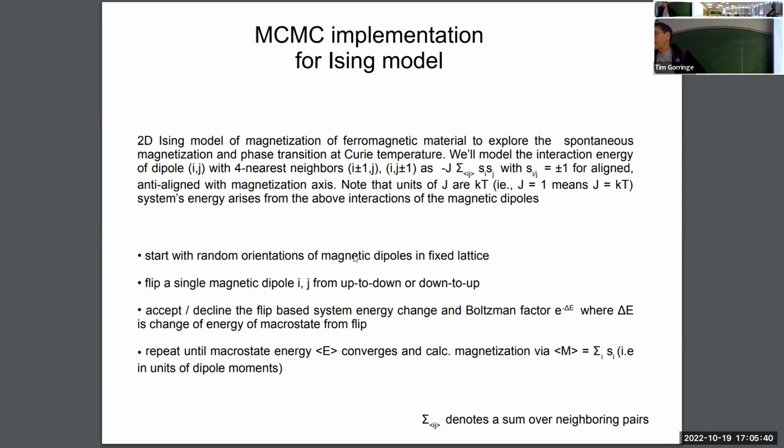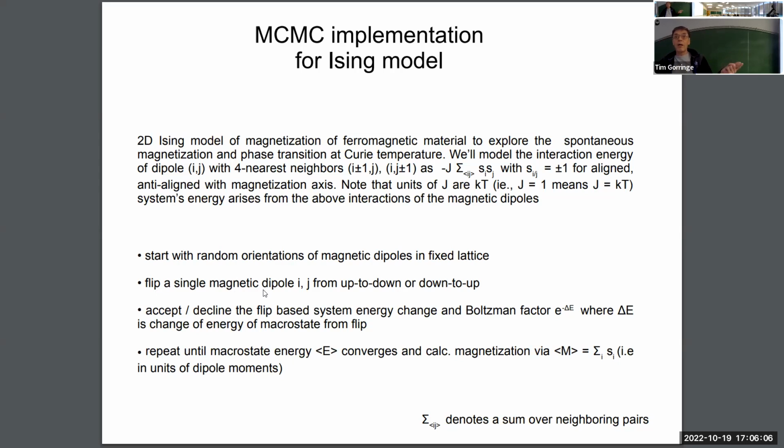So when I tailor the Markov Chain Monte Carlo to this problem, the way I did it was I started with a random orientation of magnetic dipoles. I then pick a dipole in that collection. I've got 100 of them, and I pick one randomly.